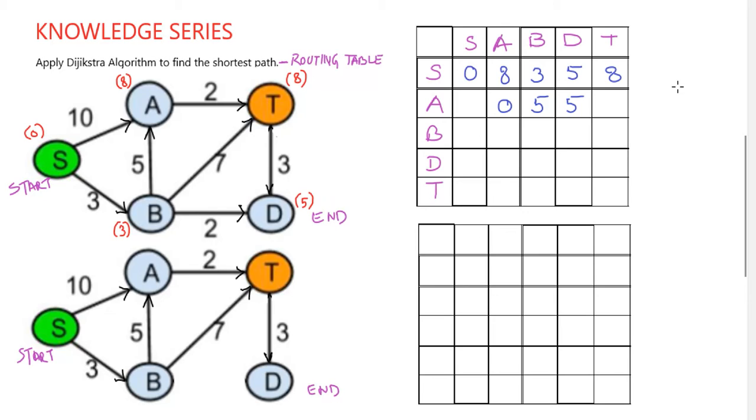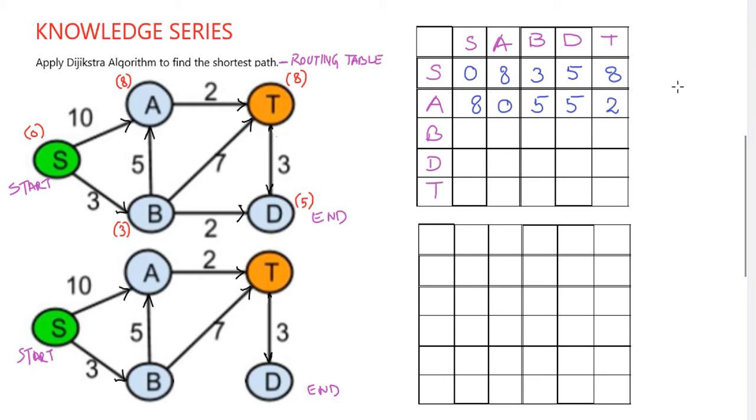And since it is a direct node, we will be getting this one as 2. And from A to S, as in the previous case we have seen, A to S is 8.